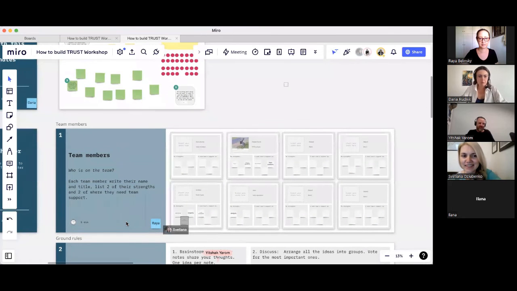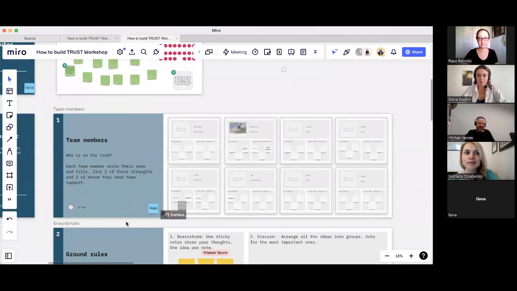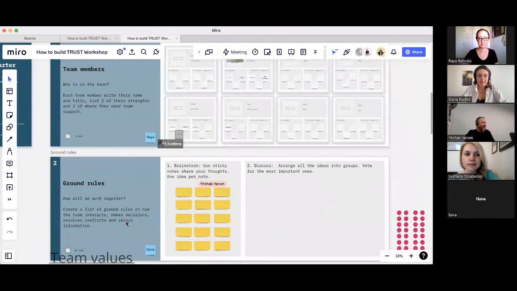We spent a lot of time talking about trust and team members. Maybe we'll speed up a bit. The next thing is ground rules. How do we want to work together? One of the biggest mistakes of teams is thinking, we'll figure it out somehow.